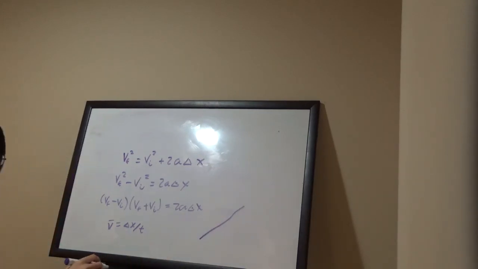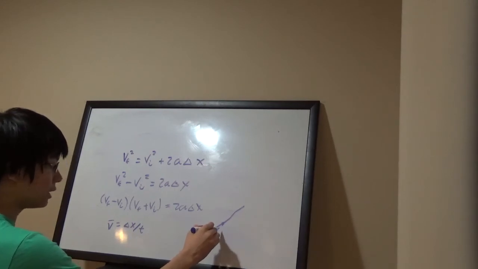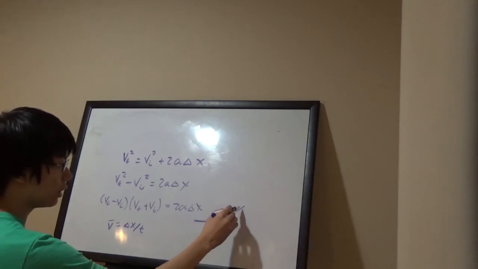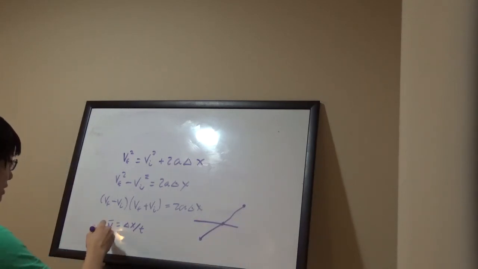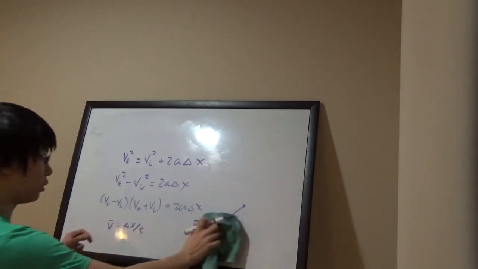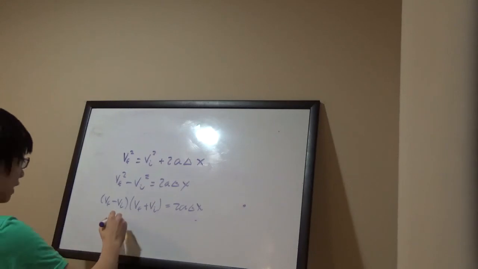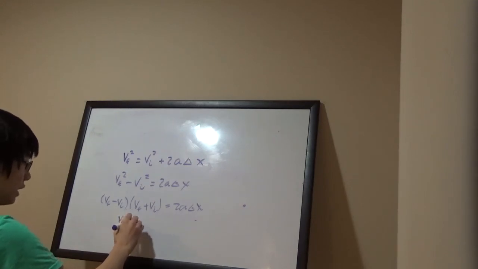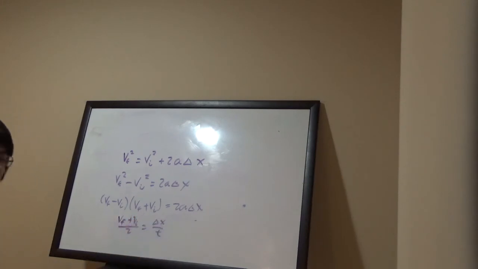That means the average velocity is just going to be the middle between the final and the initial velocity. So I can write v bar, or v mean, as vf plus vi over 2, which is equal to delta x over t. That's real cool.